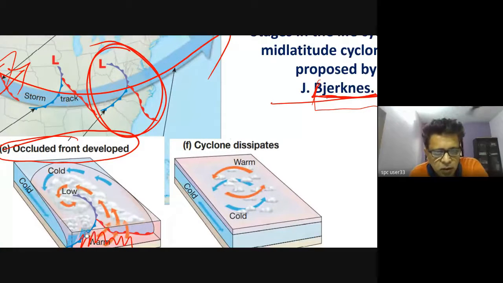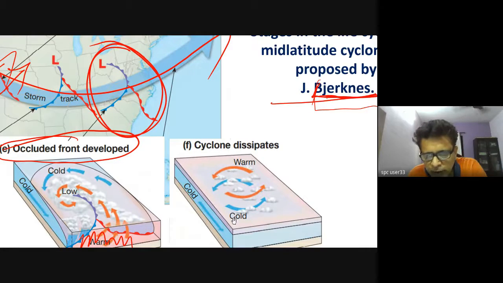Okay, here what has happened is there is a small amount of warm air which is remaining to be pushed up, and in this process, see what is happening is that the cold front is closing in. In this diagram, the cold front has absolutely closed in.